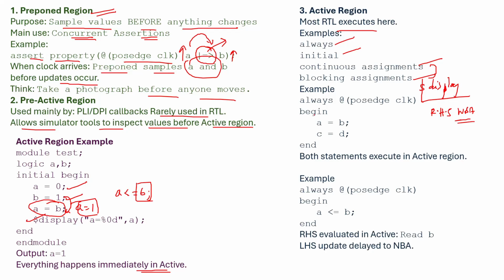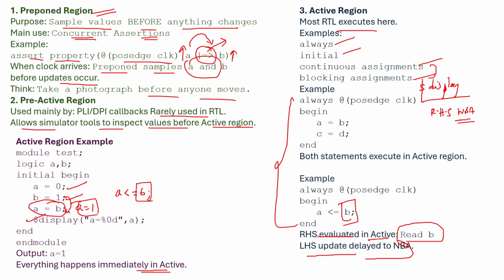All these things are executed in this active region only. This is the non-blocking value: the RHS is evaluated in this active region only, and later the LHS will be updated in the NBA region.